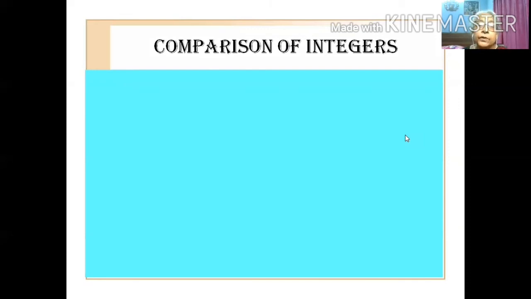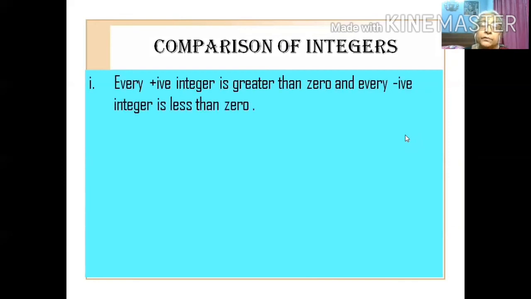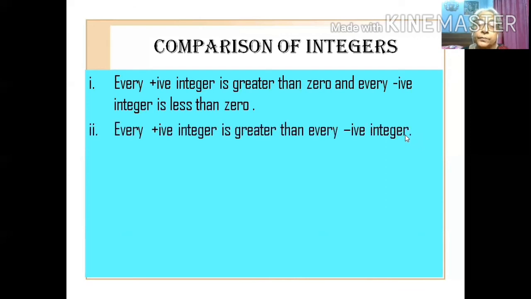Now comes comparison of integers. How will you compare integers? Every positive integer is greater than 0 and every negative integer is less than 0. Every positive integer is greater than every negative integer.